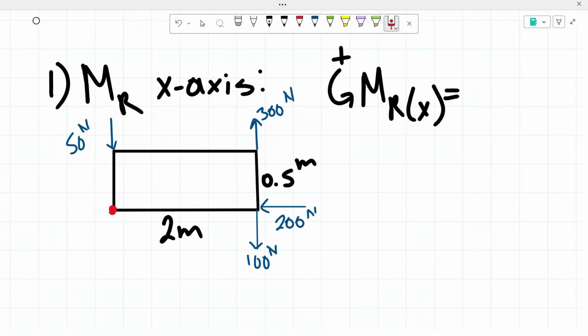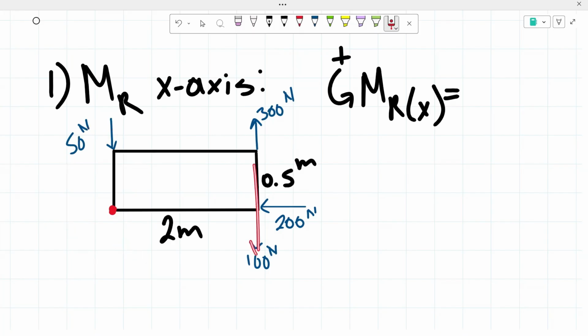So the only two forces in this scenario that are going to be creating a moment are the 300 and the 100 newtons. They're both going to have a distance of 2 meters. The only thing that's going to be different is whether it's going to be a positive or a negative moment. For the 300 newtons, we have an upward force, meaning that that's going to be creating that counterclockwise moment, meaning it's going to be positive.